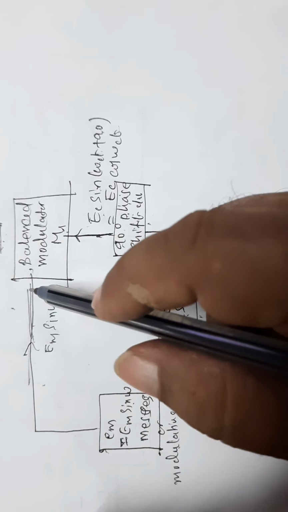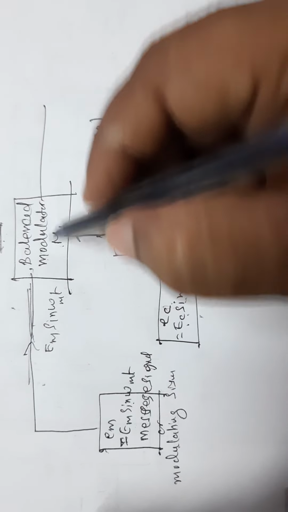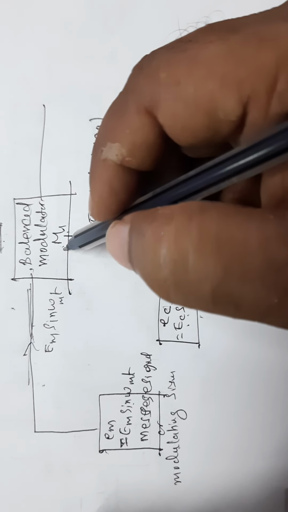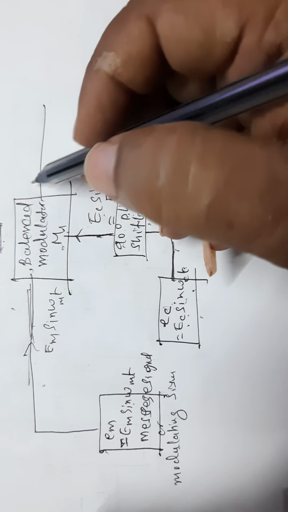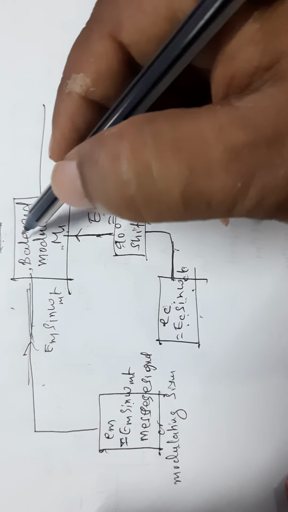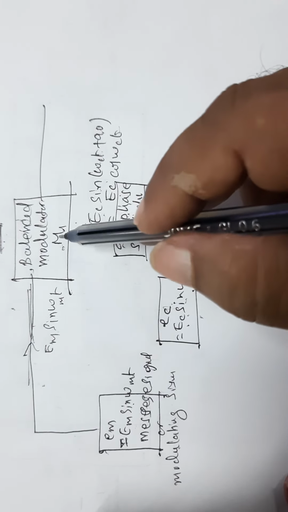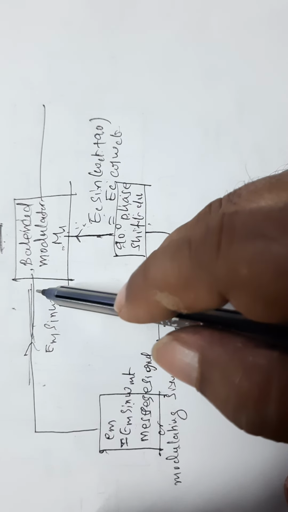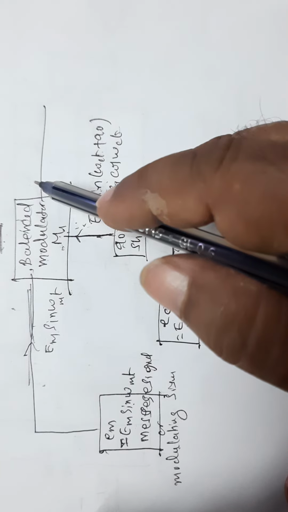This is our modulating signal applied to balanced modulator M1. Therefore, the output of this balanced modulator produces a double sideband signal. Here the carrier is suppressed. As we have just studied, when the carrier signal and the modulating signal are applied to the balanced modulator, the output is a double sideband frequency.